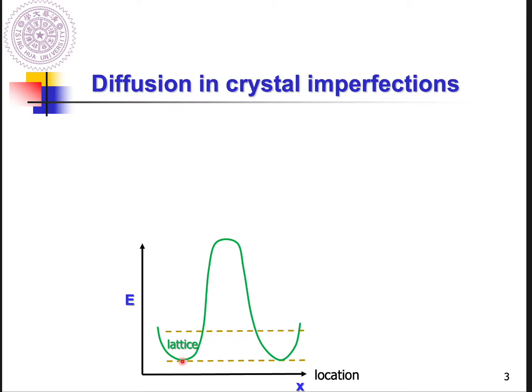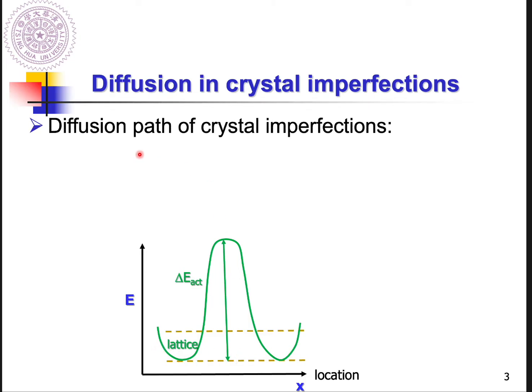If we have a diffusing atom here, it needs to overcome the energy barrier, then it can make a successful jump to the other minimum-energy location. This is what we learned in lecture 4.